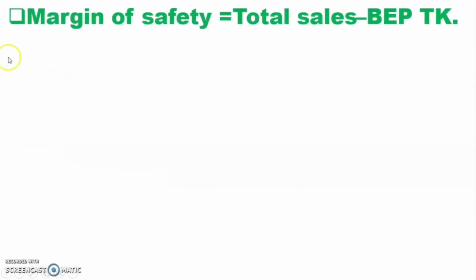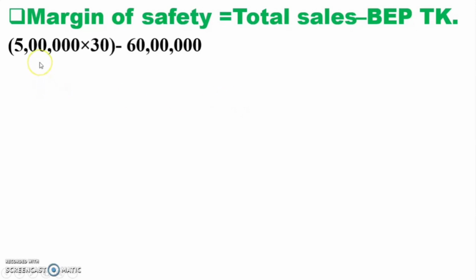Now we calculate margin of safety. Margin of safety equals total sales minus break-even sales taka. Total sales equals total production times selling price per unit, minus break-even taka 60 lakhs.